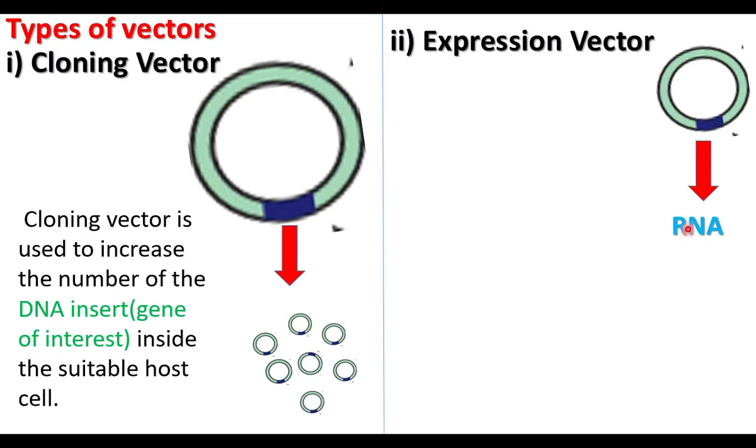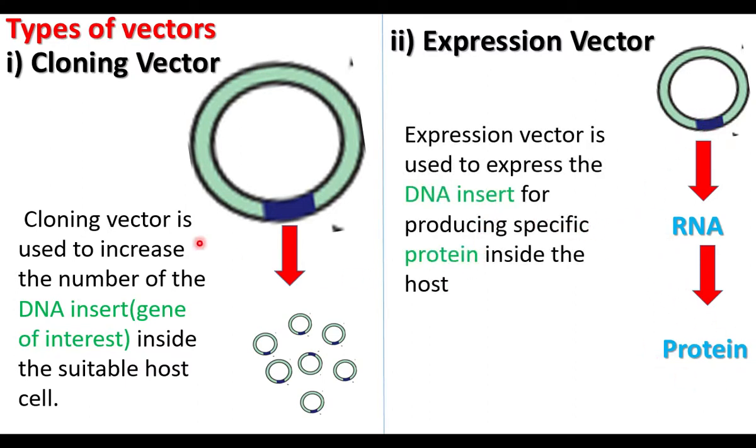Then it also has the DNA sequences for translation. RNA is translated into protein. Expression vectors are used to get protein products of the DNA insert. Cloning vectors are used to get multiple copies of the desired gene or DNA insert.